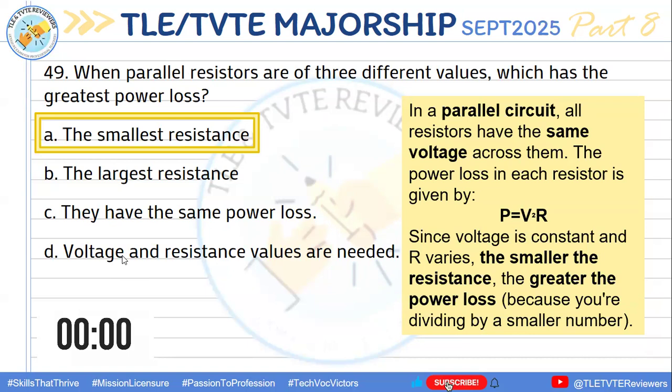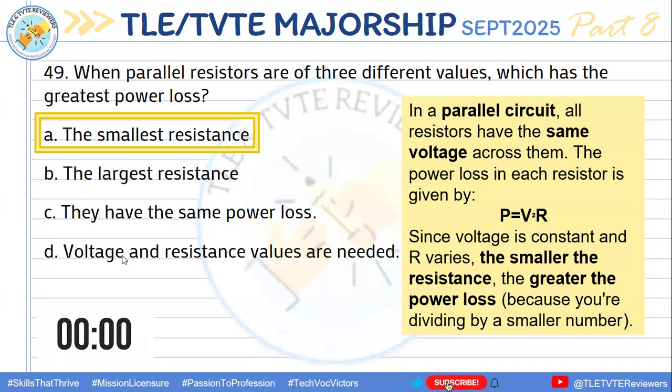So the answer is letter A, the smallest resistance. For letter B, the largest resistance, this is incorrect because a larger resistance results in lower power loss in a parallel circuit.